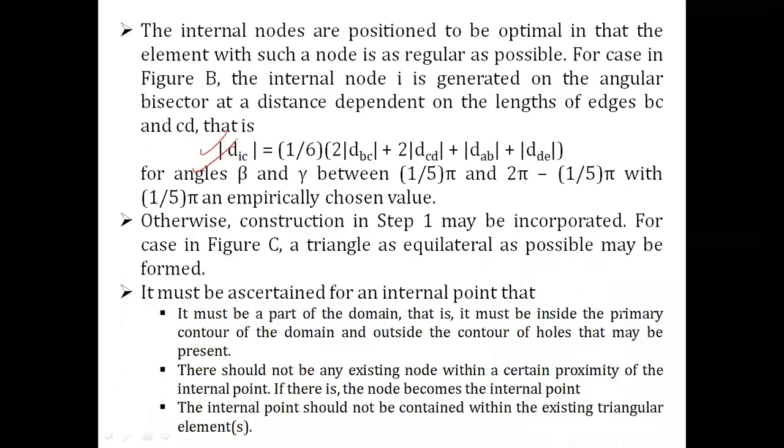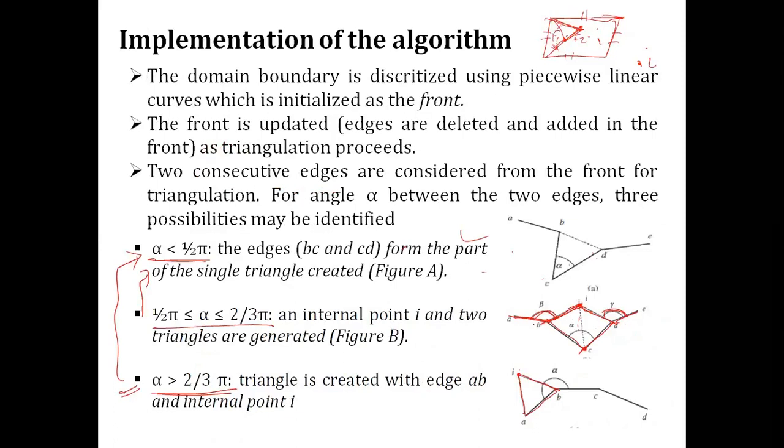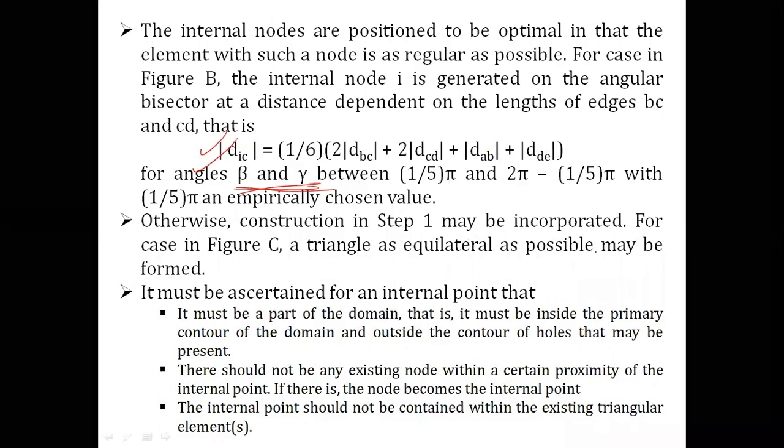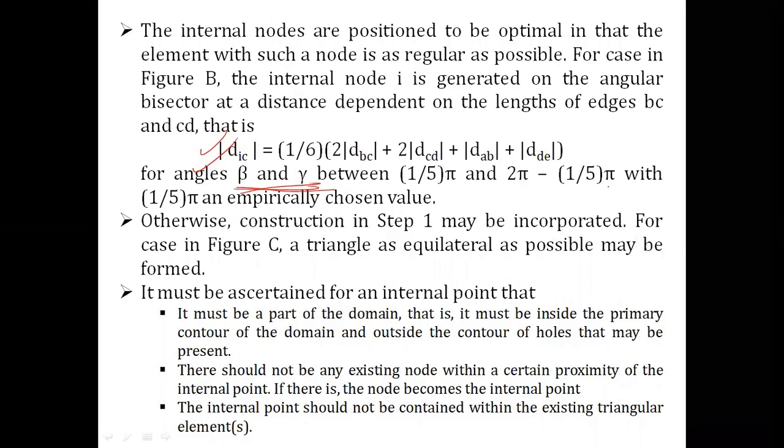So they came up with a formula, and they also came up with an empirical relationship of beta and gamma. So you can see the value of beta and the value of gamma, where beta is going to lie between 1 by 5 pi and 2 pi minus 1 by 5 pi.